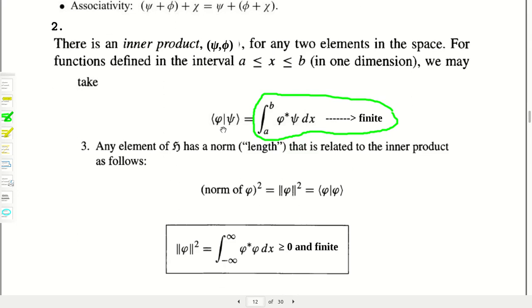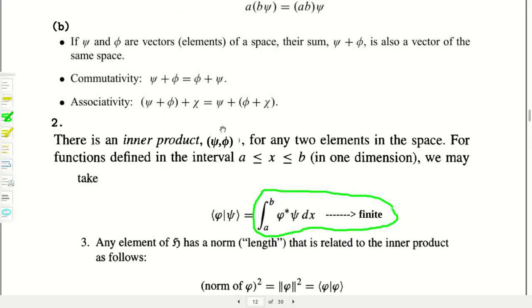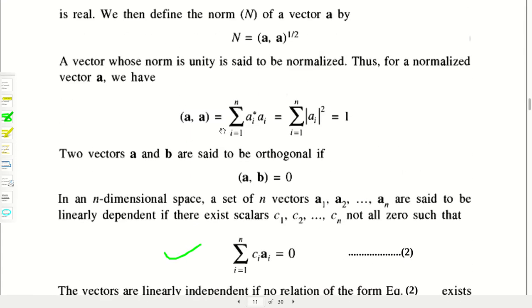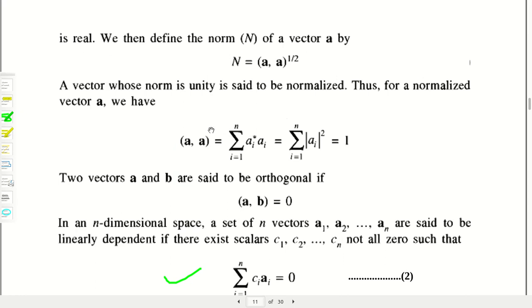Now the norm of the function. In the n-dimensional vector space you saw the norm of any vector a. If it is normalized to unity, then the norm is 1. If it is not, it is some positive scalar.